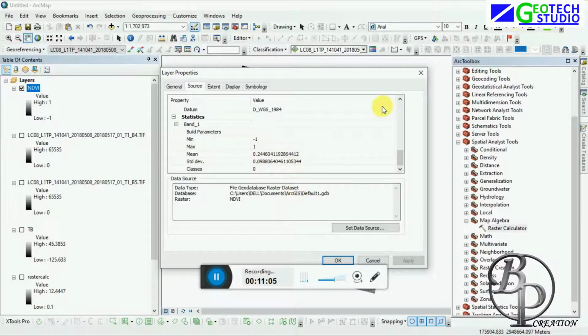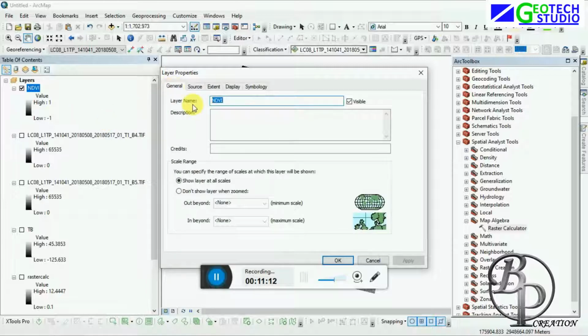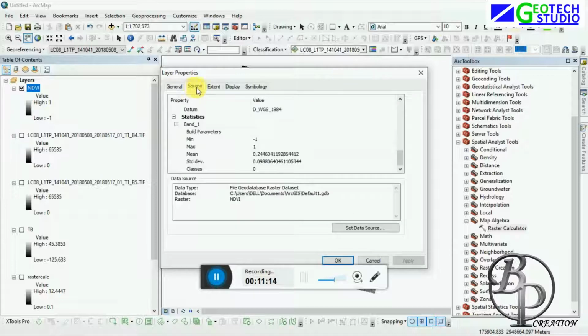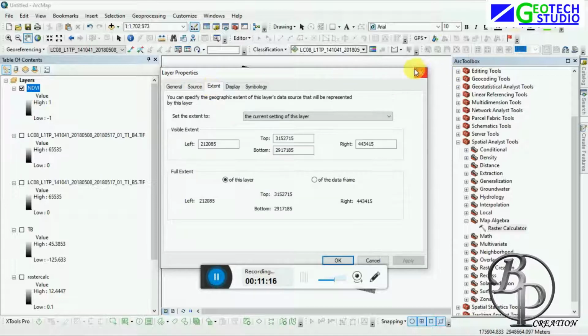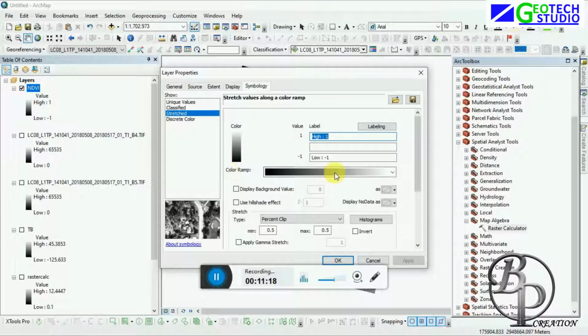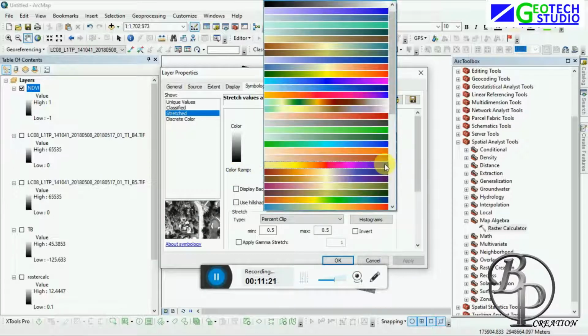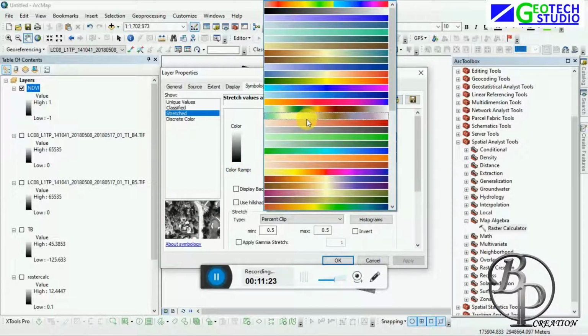Now I am going to symbology and assign a new color ramp, to make the output look good and expressive.